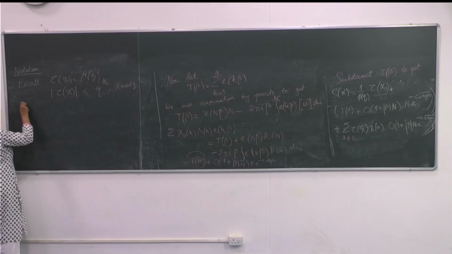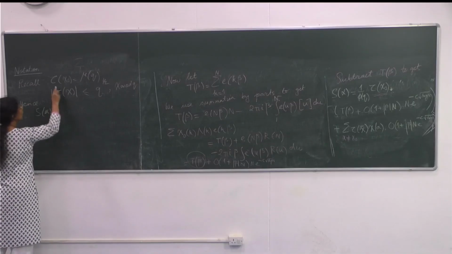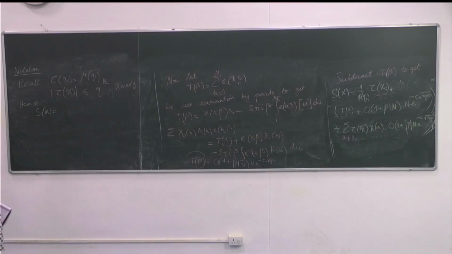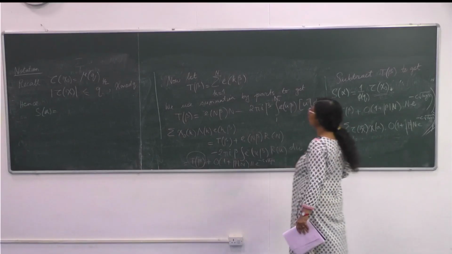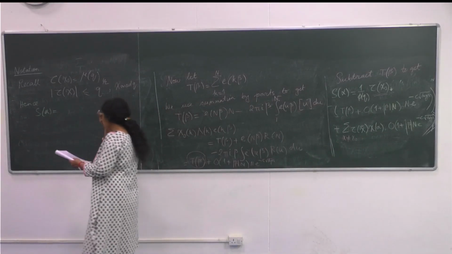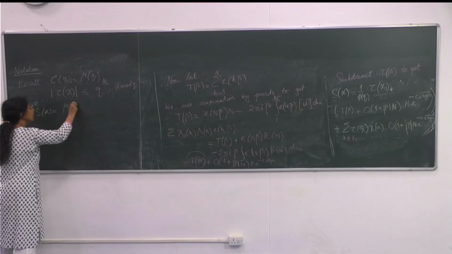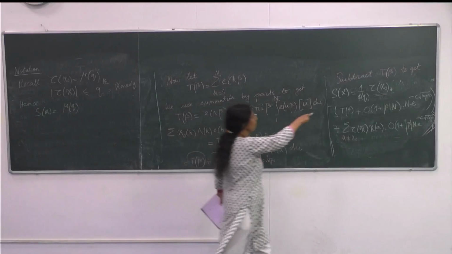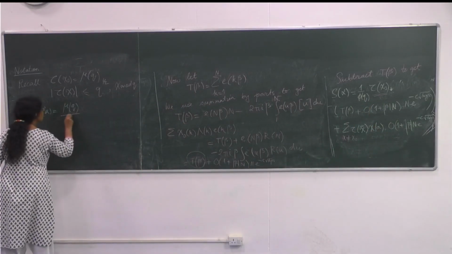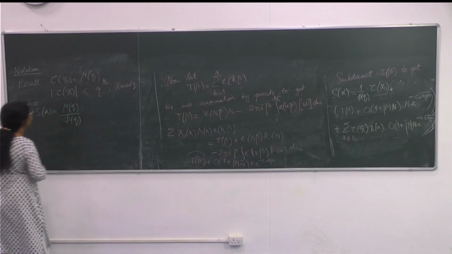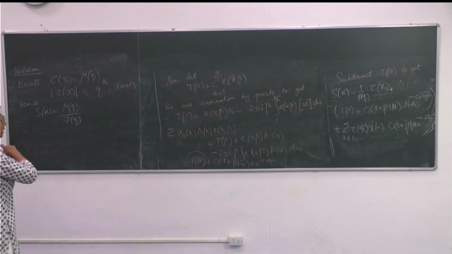So you get S of alpha is equal to, I'm going to use this for tau of the Gauss sum for chi 0. This is going to give me mu of q, then phi of q from here, and then you have T of beta.